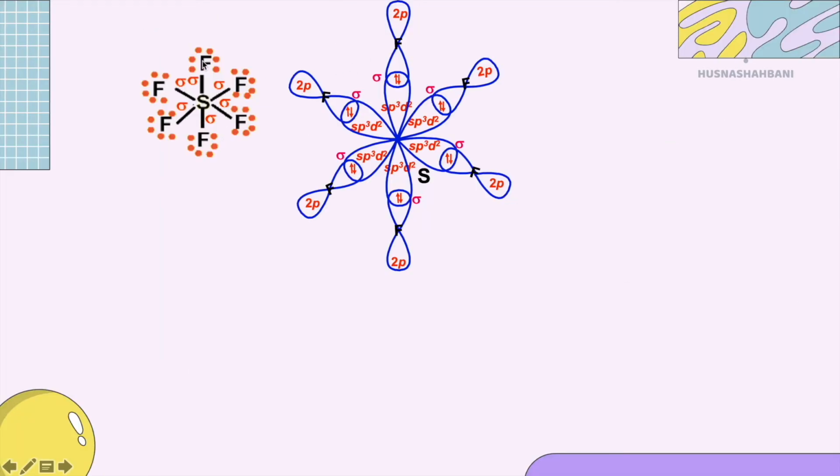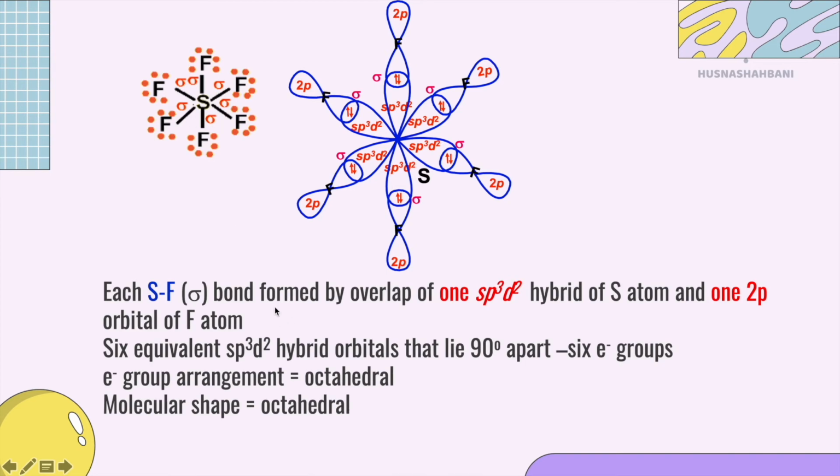And to draw the hybrid orbital, you have to look at the molecular shape. So this S has 6 electron groups because it has 6 bonds, 6 electron group arrangement octahedral. It has no lone pair at all, so the molecular shape is octahedral. So you have to draw the hybrid orbital in octahedral shape.